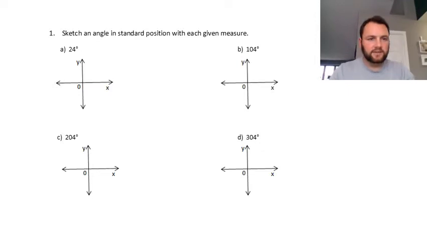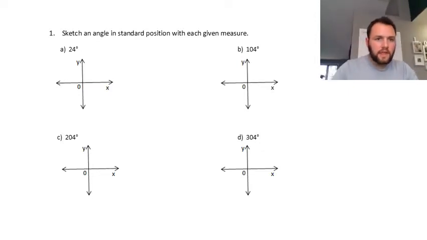So if we take a look at some examples here. Now this is important to me. We're asked to sketch. When I use the word sketch, usually what I mean is it doesn't have to be perfect. So A is asking for us to sketch a 24-degree angle. Now 24 degrees is between 0 and 90 degrees, so I know that's going to be in quadrant 1.